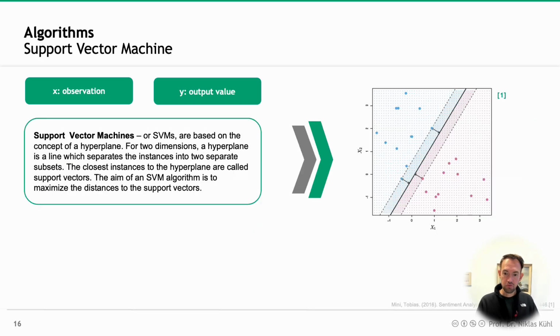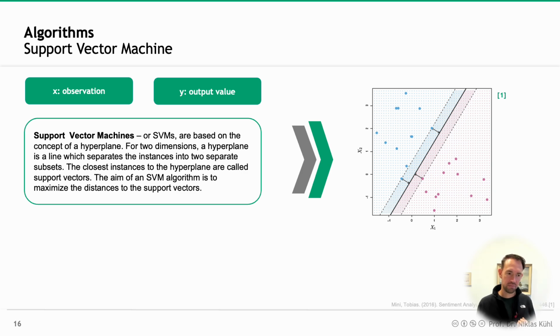Now, let's move over to a different kind of algorithm class. More specifically, a support vector machine, which sounds interesting, right? A support vector machine does sound very fancy, but it's actually not that hard to explain.